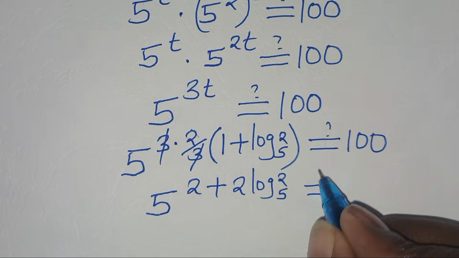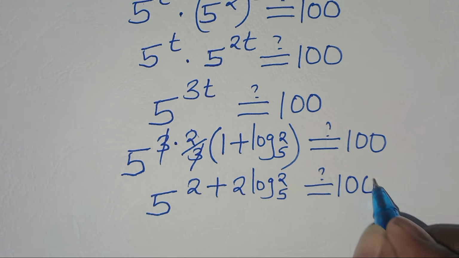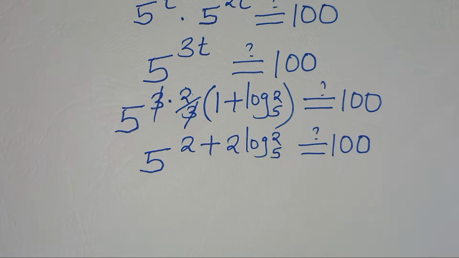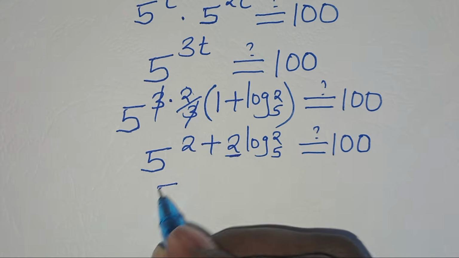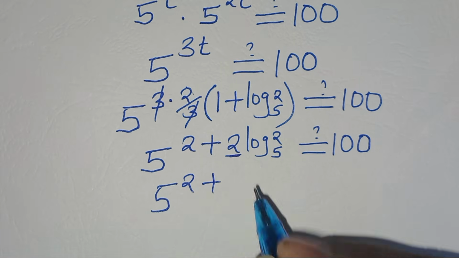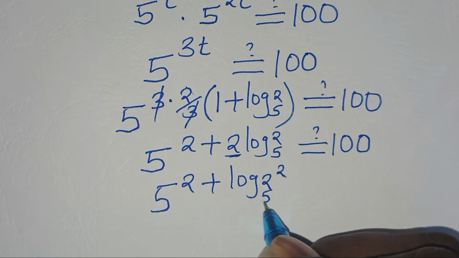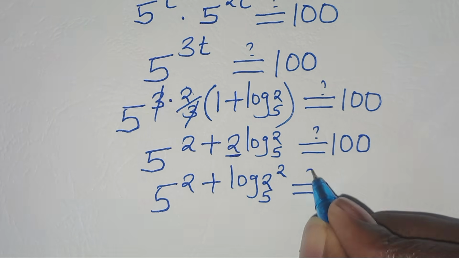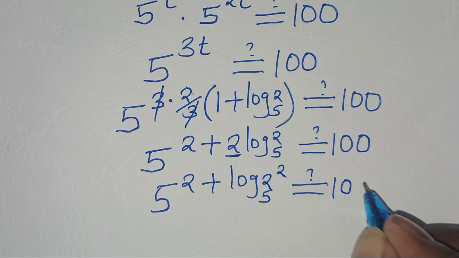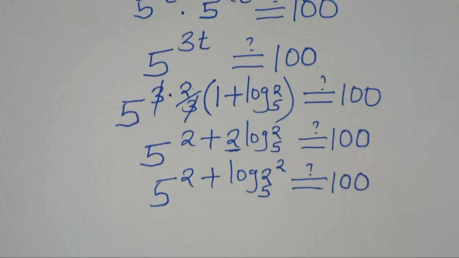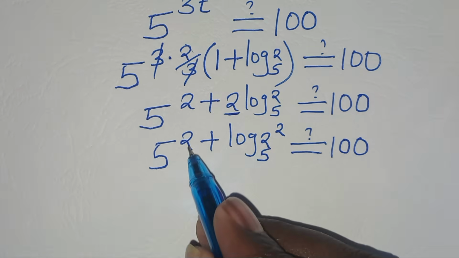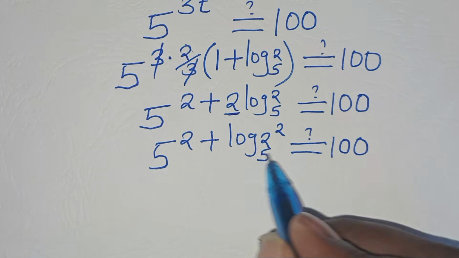This is supposed to give us a value of 100. Now, since 2 is a power, we have 5 to the power of 2 plus log 2 raised to the power of 2, then to base 5. This should give us a value of 100.